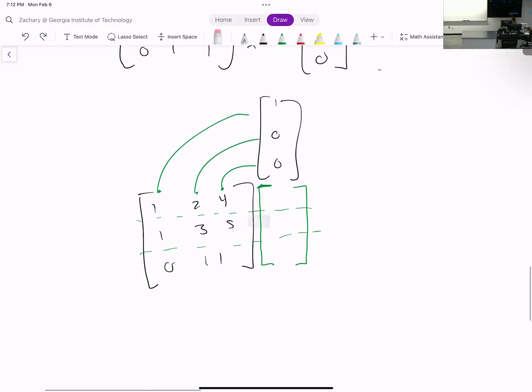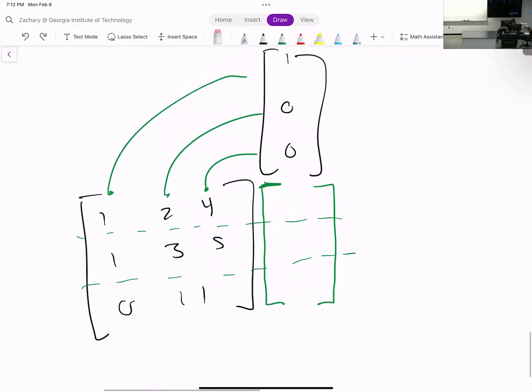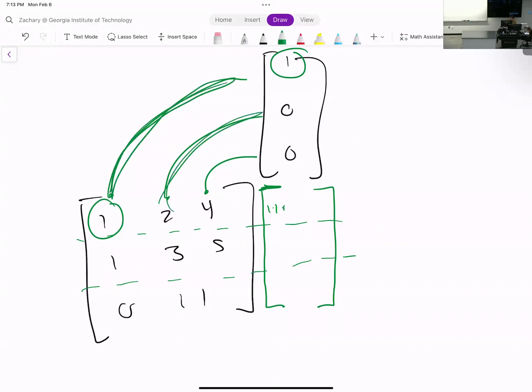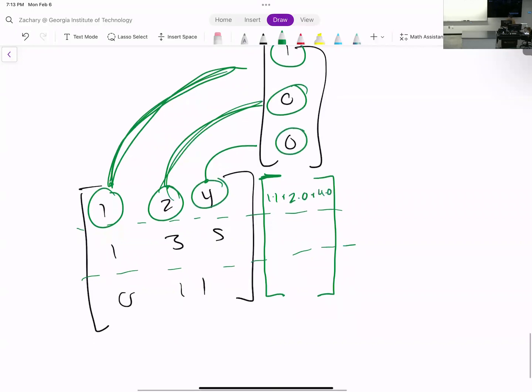So the first entry is 1 times 1, plus we go across this bridge here and then across our second bridge, so plus 2 times 0, plus 4 times 0.